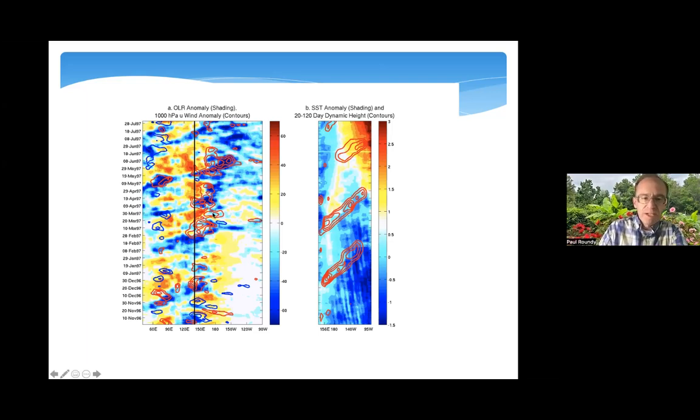These are westerly wind bursts. This MJO produced a westerly wind burst, produced a downwelling Kelvin wave in the ocean, and the right side shows sea surface temperature. In 1997, it shifts from cold to warm. Massive El Nino event forms. But look, westerly wind burst, westerly wind burst, westerly wind burst.